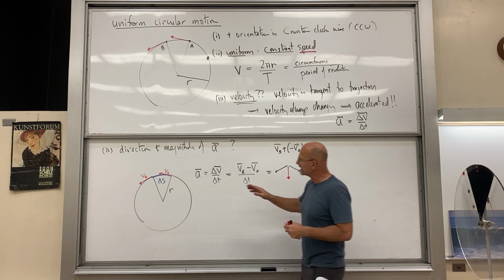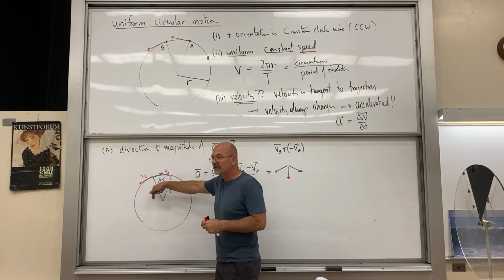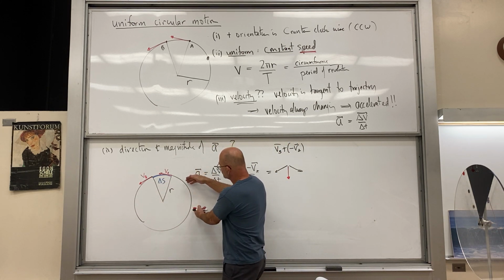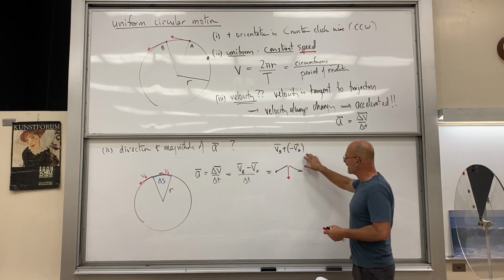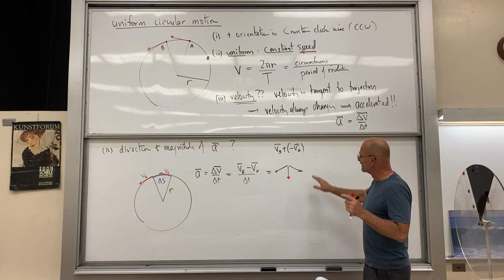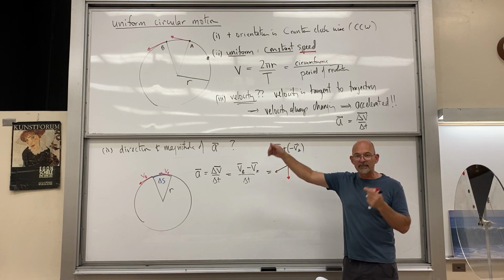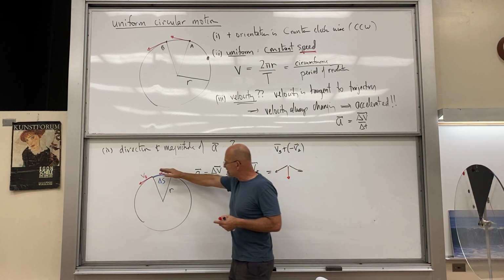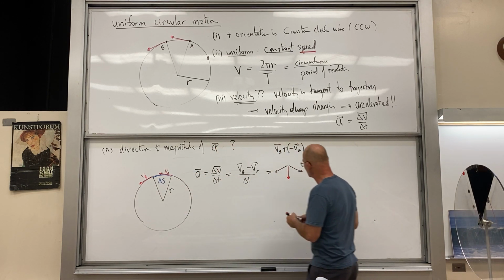What that means is the acceleration is towards the center of the circle. I could do this construction anywhere, I would get that same result. It has nothing to do with the down as in up and down. It has to do with the difference of these vectors points towards the center of the circle.